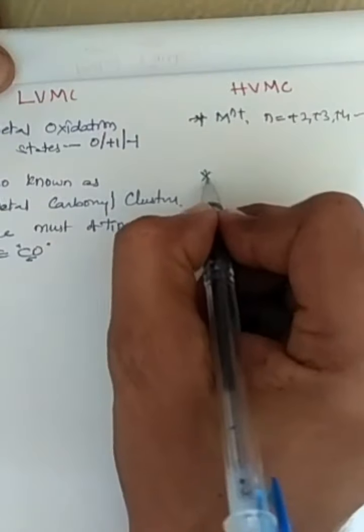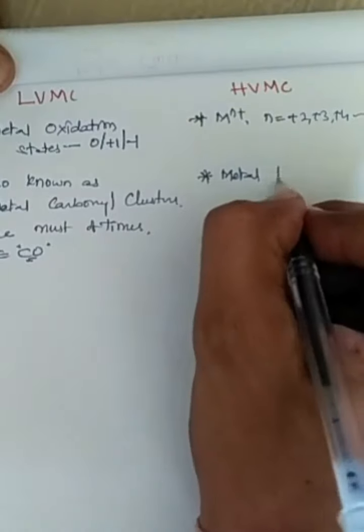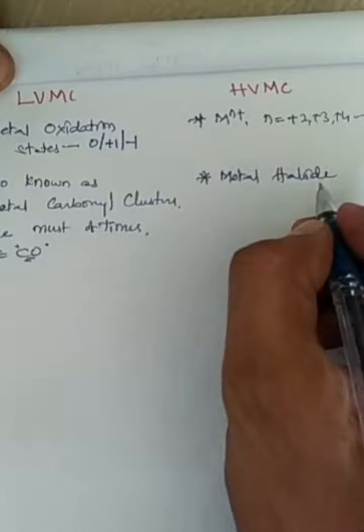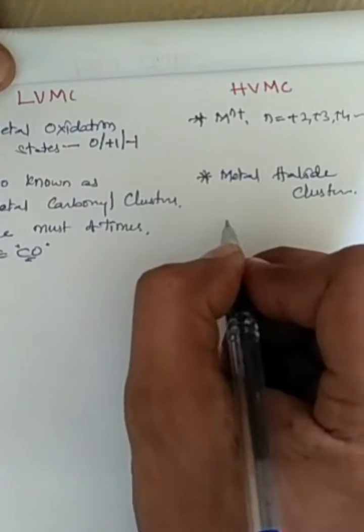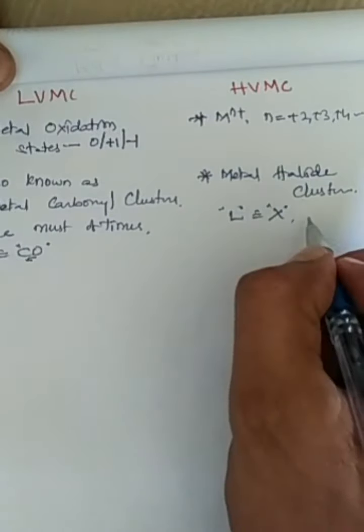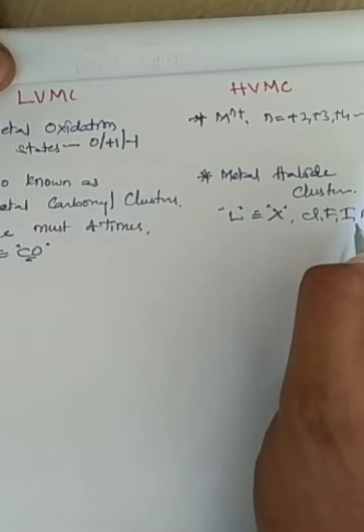High valence metal clusters are called metal halide clusters, since the ligand is halide, such as chloride, fluoride, iodide, bromide, right?